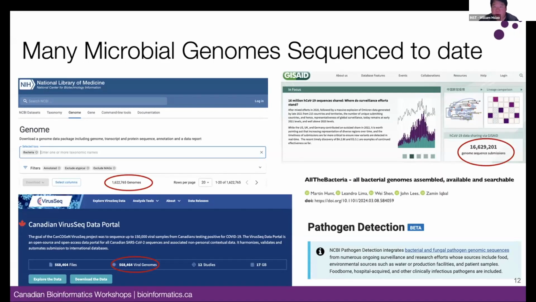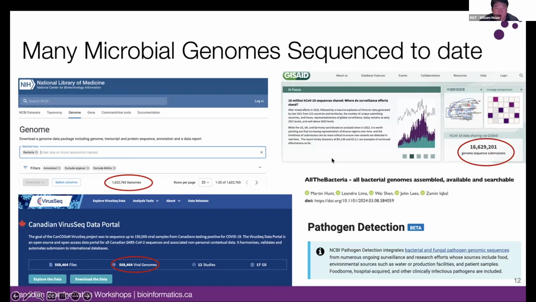So if we fast forward by 25 years to today, we now have millions of microbial and viral genomes available in public repositories, and the comparison of these genomes is now routinely done in order to understand microbial evolution and functions. I've highlighted a few databases that might be familiar to you, such as the NCBI microbial genomes database.